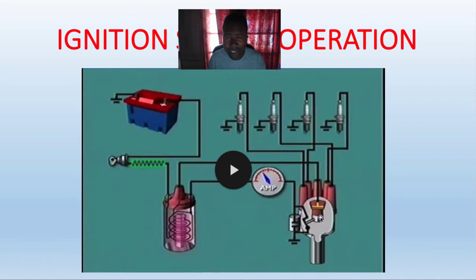This rotor is going to distribute the spark to each individual cylinder as it rotates. It's going to fire this cylinder, go to the plug. Fire this cylinder, go to the plug. But basically, that's the basic ignition system operation. It all starts with the primary ignition system being charged. And the main trigger for that, for this conventional system, is a set of points.